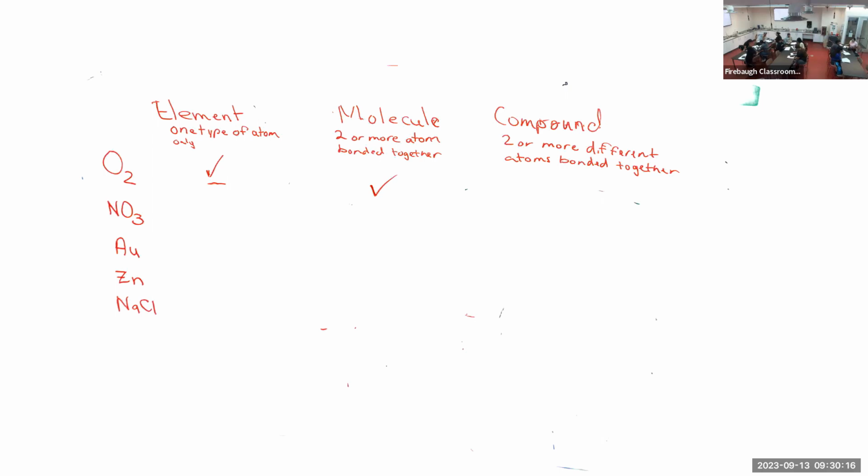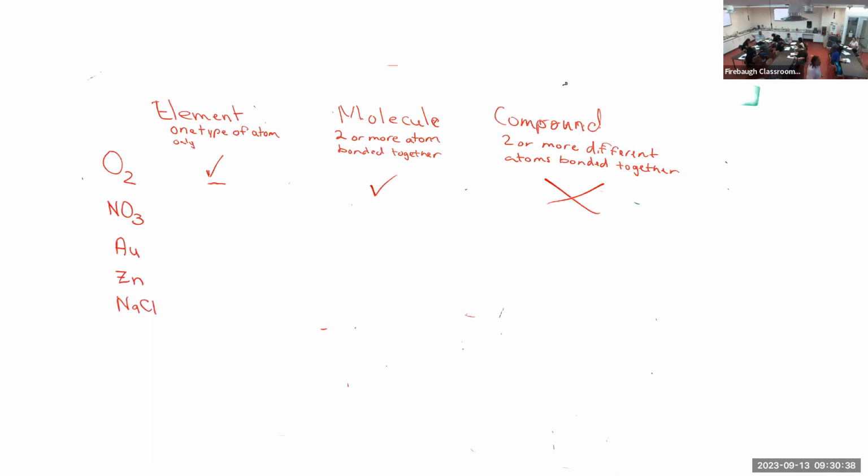No, it's not a compound. Okay, so we know that O2 is going to be an element and it's going to be a molecule, right? It's an element because it's only oxygen. It's a molecule because there's 2 of them.